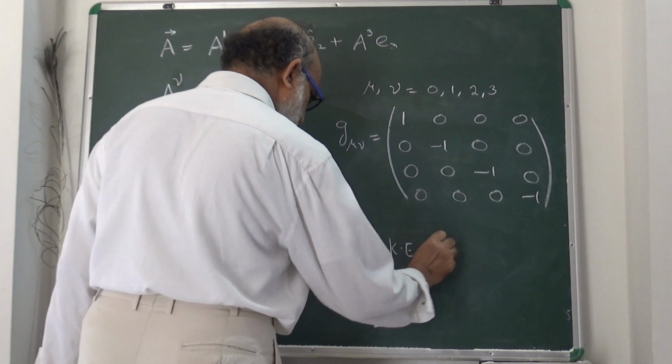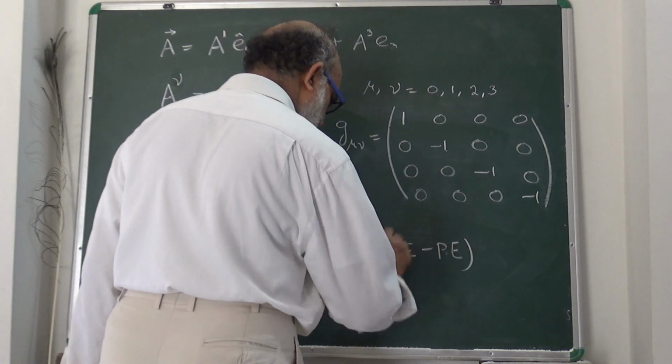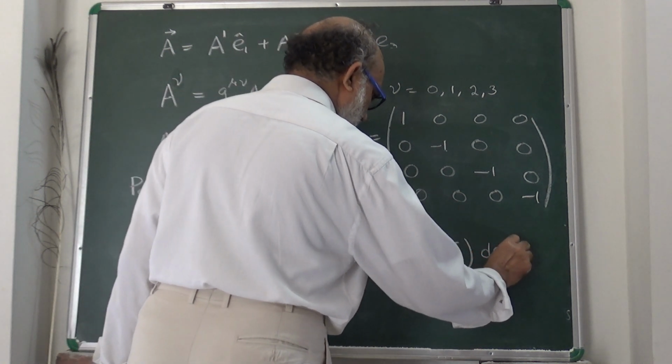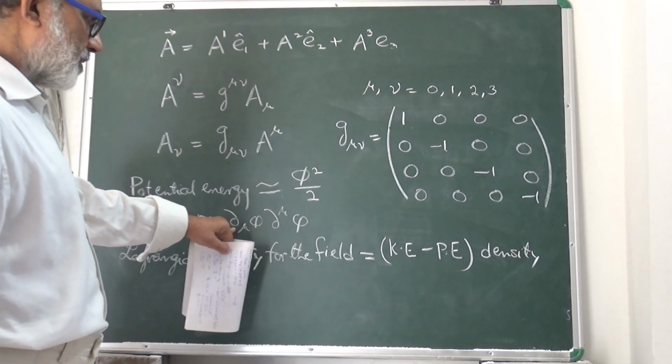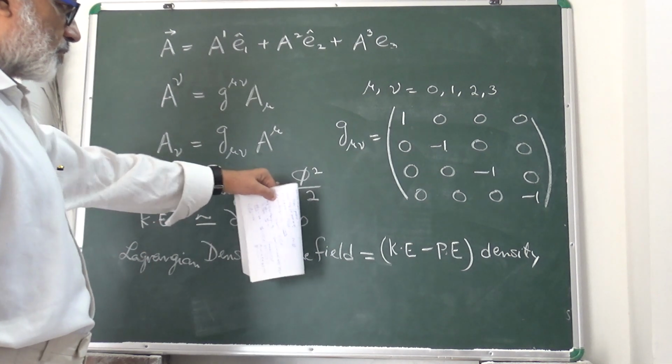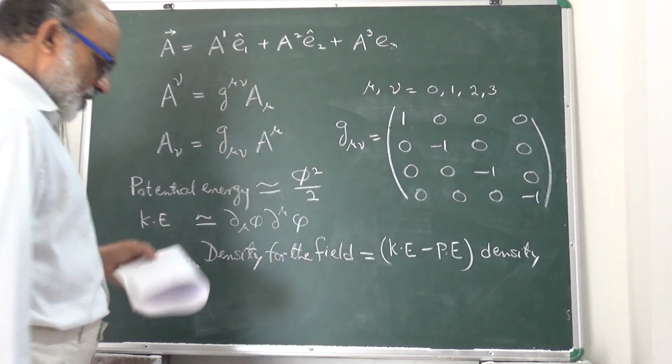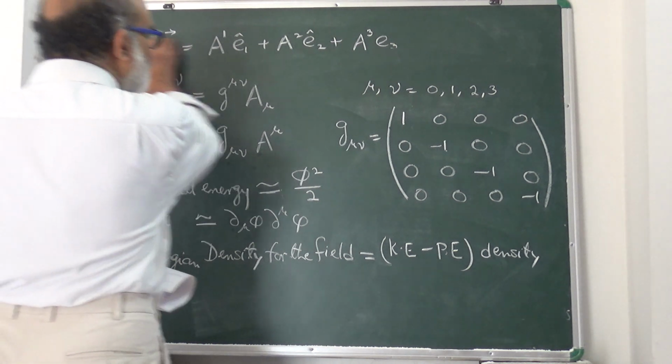Kinetic energy is given by this, and potential energy is proportional to phi square.